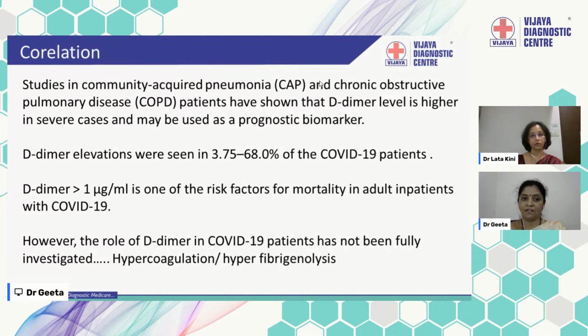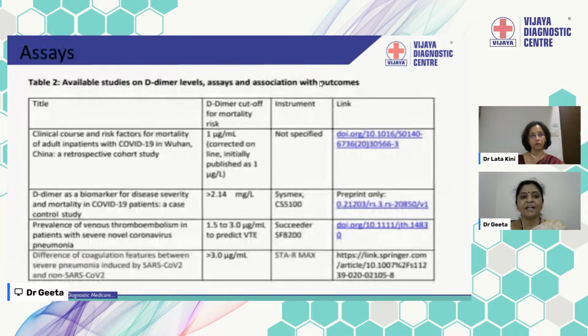hyperfibrinolysis occurring simultaneously. These are some of the studies which we have come across, and I have taken it from the research papers, where it says that more than 1000 nanograms per ml is causing more mortality.